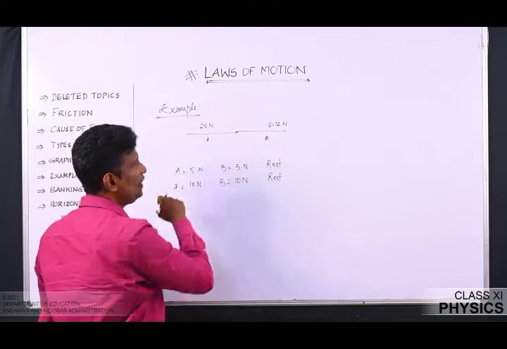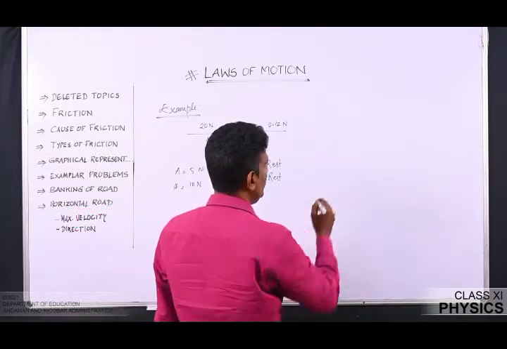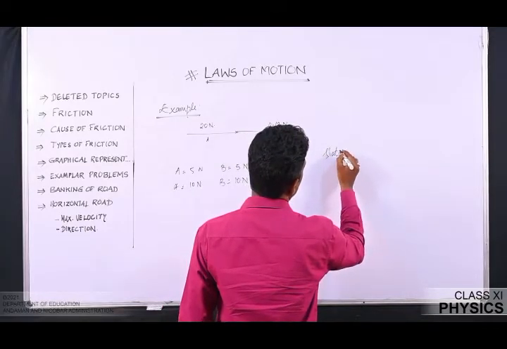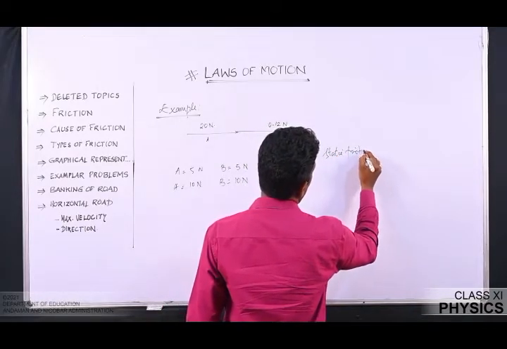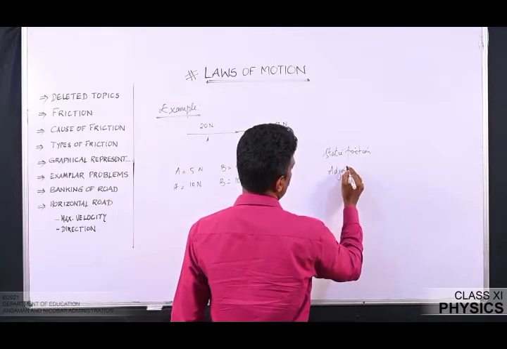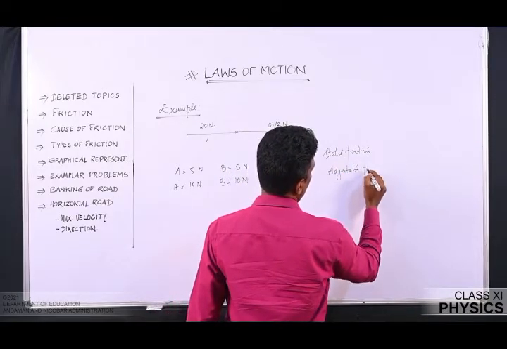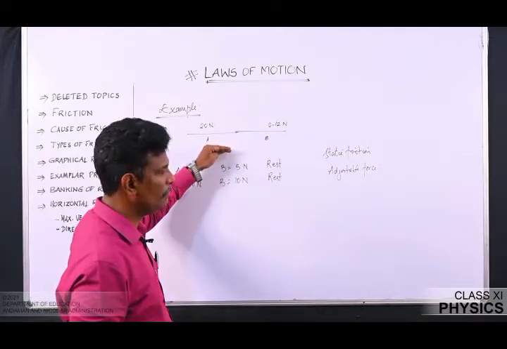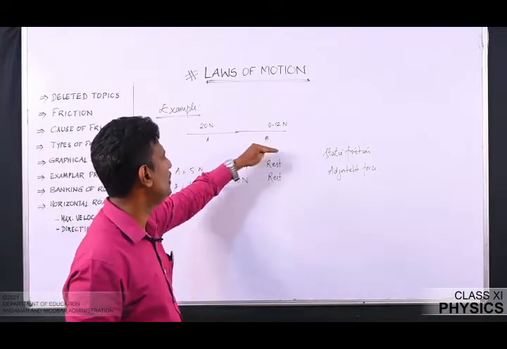So we can say static friction is an adjustable force. That means whatever force is applied by A is countered by B.